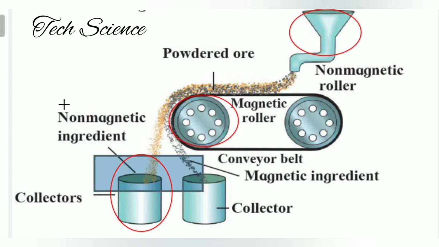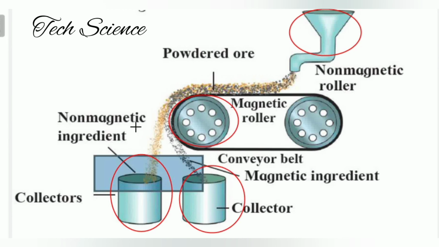So this first collector is where all the non-magnetic ingredients get collected, and those things which have some kind of magnetism property get attracted to this belt, and they move along with this belt up to the end of the magnetic roller, and somewhere they get collected. The second collector, which we keep near the end of the magnetic roller, collects the magnetic ingredients automatically, where the magnetism property of the roller ends.